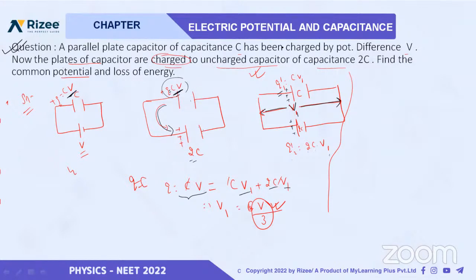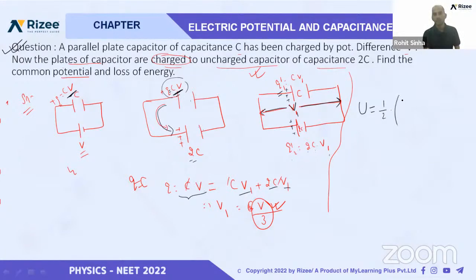Now, the second part: how we have to find the loss of energy. You can try once more. Try, all of you. I give you 10 seconds. We have studied the formula also. What was the formula?